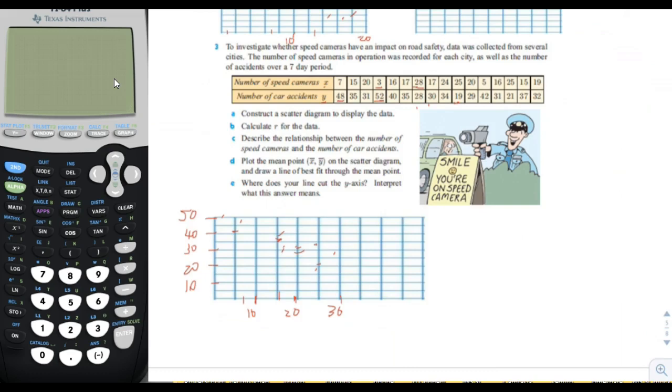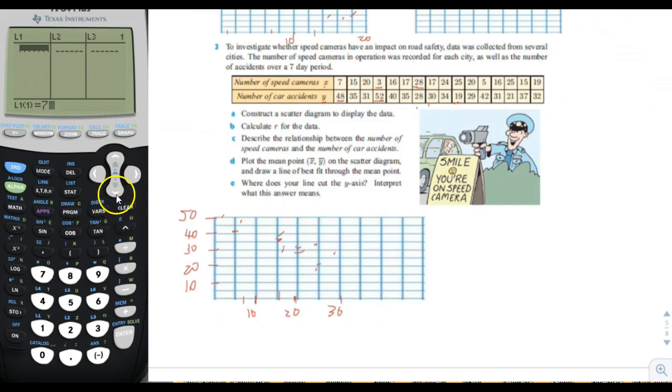It says calculate r for the data. Obviously, we're going to use a calculator to do this because that's a lot of numbers to try to do by hand. So we're going to clear our data here, and then type in all these x and y values into these two columns.